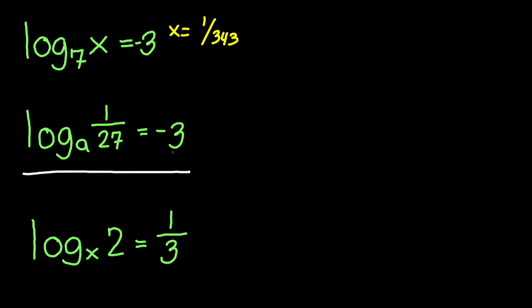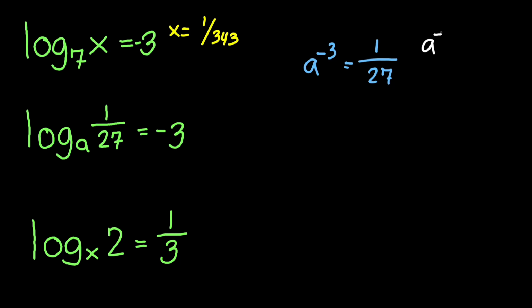Log of 1 over 27 with base of a is equal to negative 3. So, convert this again. a raised to the power of negative 3 is equal to 1 over 27. Rewrite this first because it has a negative exponent. Know that a to the power of negative 3 is equal to 1 over a to the power of 3.